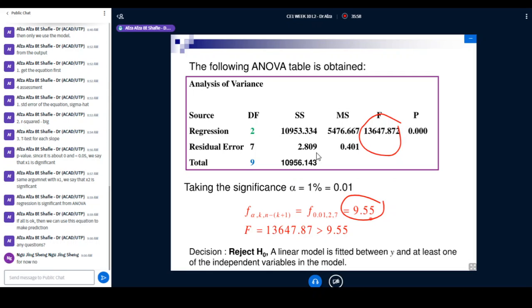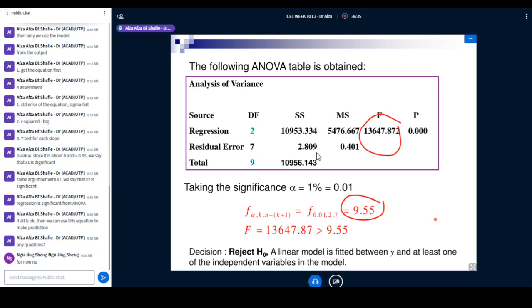When I reject my H naught, it means that a linear model is fitted between Y and at least one of the independent variables in the model. So my model can be Y hat equals beta naught hat plus beta 1 hat x1 plus beta 2 hat x2, or it can just be Y hat equals beta naught hat plus beta 1 hat x1, or Y hat equals beta naught hat plus beta 2 hat x2.